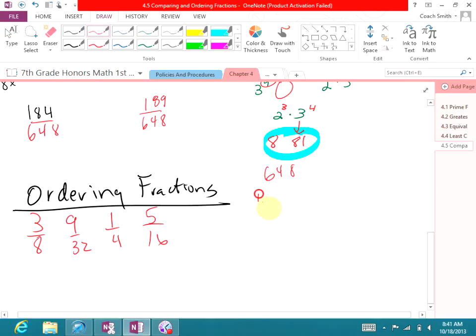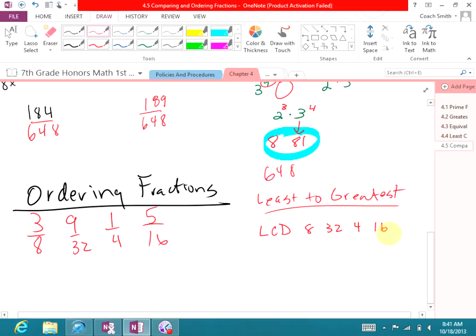So we're going least to greatest. As we look at the bottom numbers, we've got to find the LCD of 8, 32, 4, and 16.